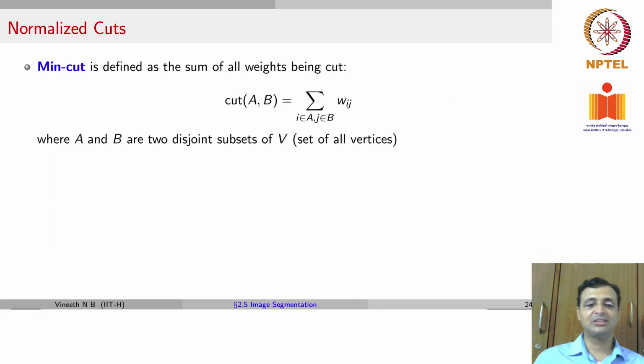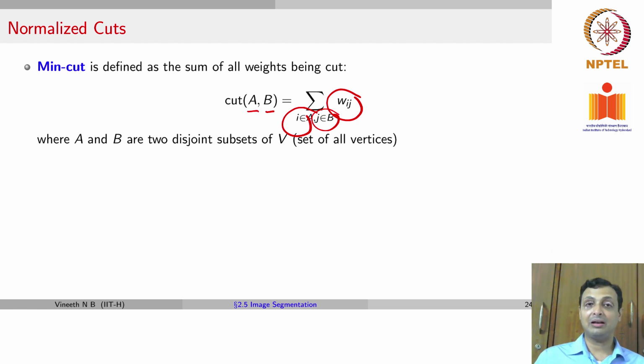The min cut is defined as the sum of all weights being cut. So you consider two sets A and B, two sets of vertices, and for all i belonging to A and j belonging to B, you add up those edge weights.